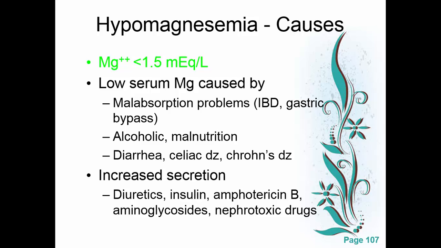Could be from an increased secretion through diuretics, insulin, amphotericin B, your aminoglycosides, which is like gentamicin, tobramycin, and neomycin, which are all antibiotics. Your nephrotoxic drugs, some of those are antibiotics, as well as your chemotherapeutic agents.